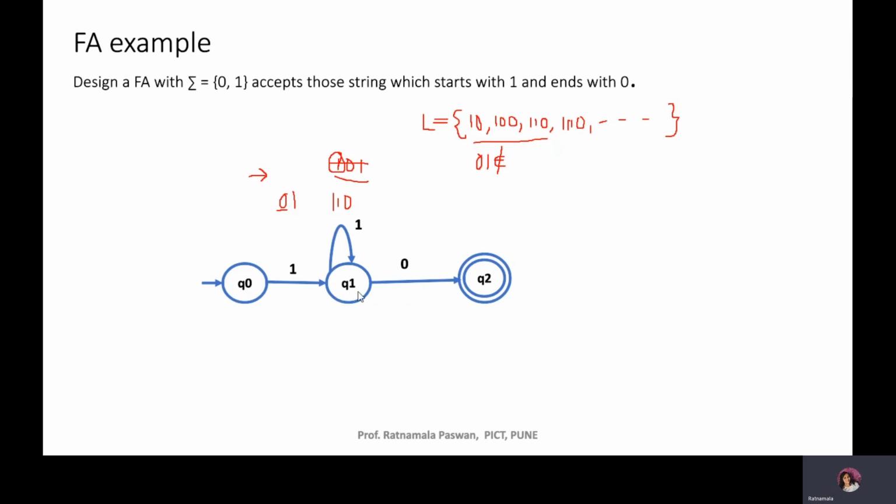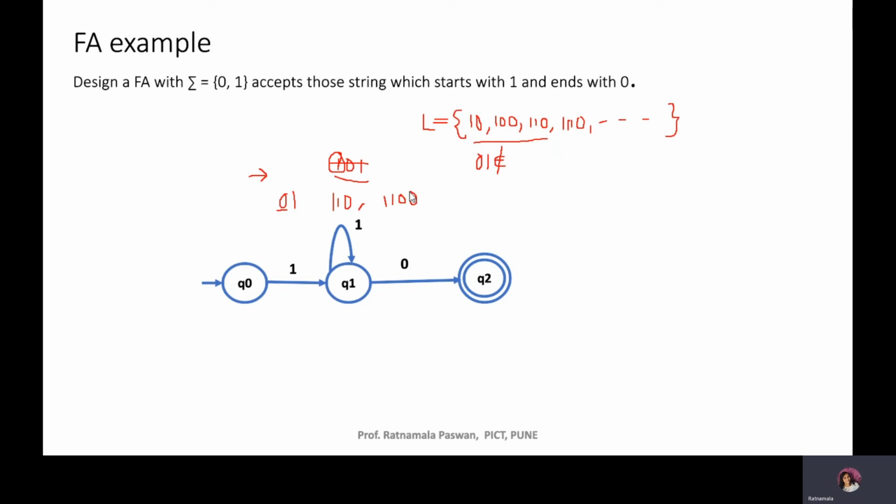When the next input symbol is 0, only then does it leave this state and go to the final state. Now this string is accepted. Now we will see another case. For example, the string is 1100.